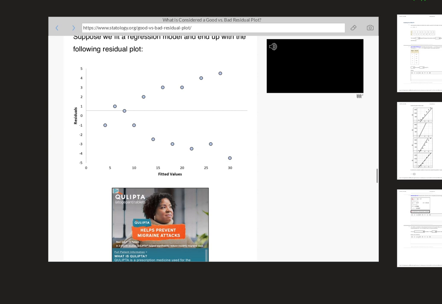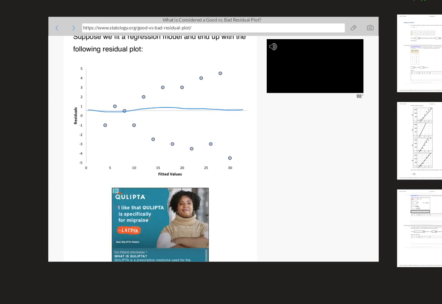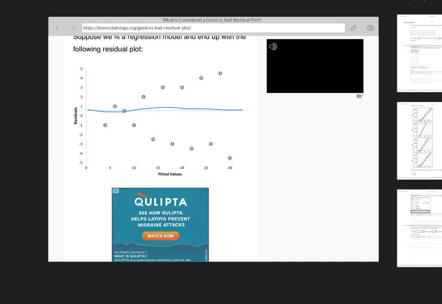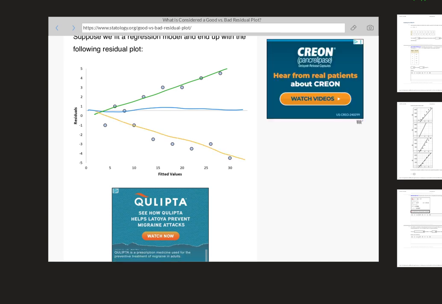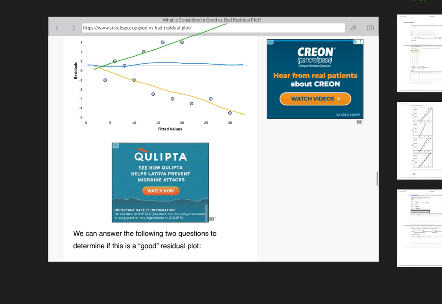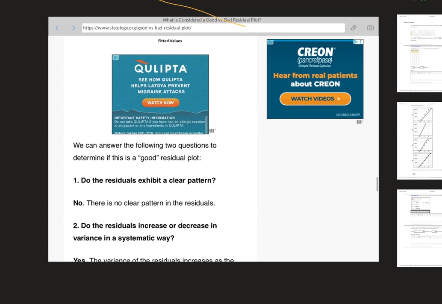So let's see, why is this one bad? Well, there's zero, and here's my thought: these kind of go up and away, and these kind of go down and away. So let's scroll and see what the website has to say. Look at all these ads. It's crazy. Sorry.